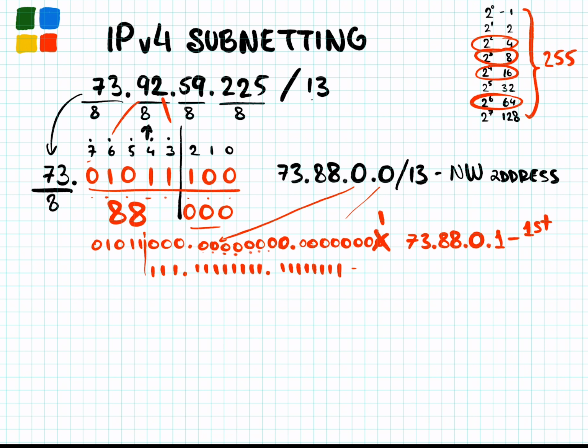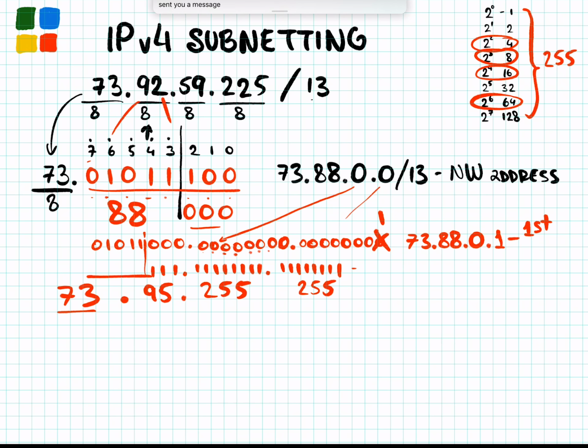So if all of them are ones, this becomes 255, and this becomes 255. For this one, we're leaving the network portion untouched, so that is 88 plus 4, 2, and 1, so basically 88 plus 7. 88 plus 7 is 95. So we have 95, and the first portion stays the same.